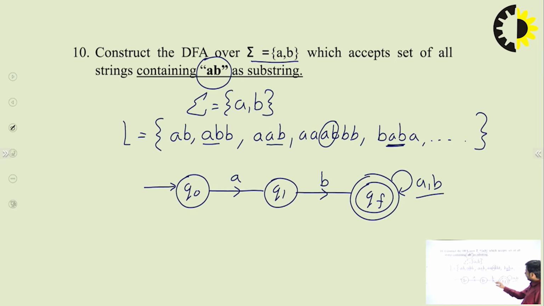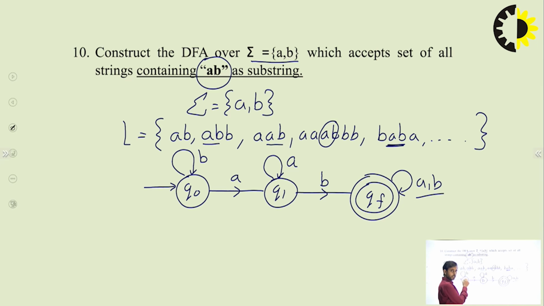Now still AB is a substring. If I make a loop here, any number of B and AB, still AB is a substring. Now at Q node A and B are defined, at QF A and B are defined, at Q1 suppose A is there.